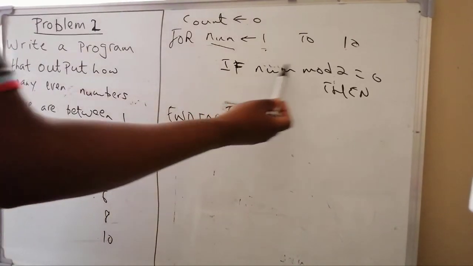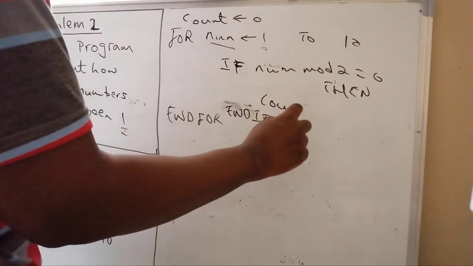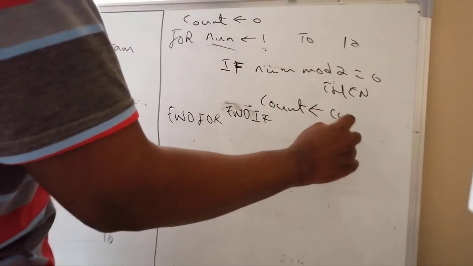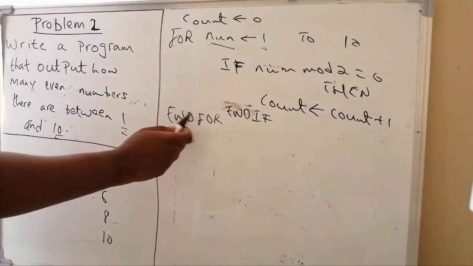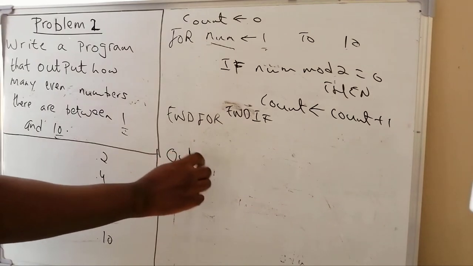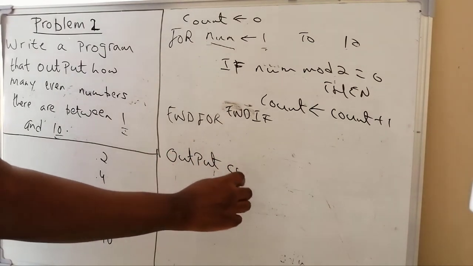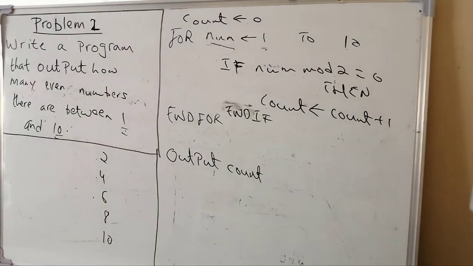Now, if I find an even number, I will just do a counting statement with it. So count is equal to count plus 1. In the end, this can be next or next num, but for now I'm using next, so output count. Or you can put a message, there are so many even numbers from 1 to 10.